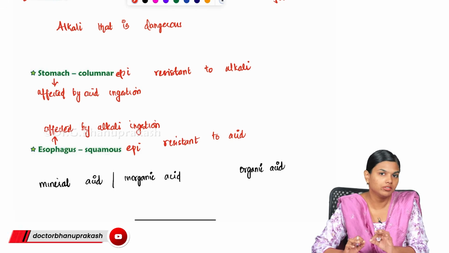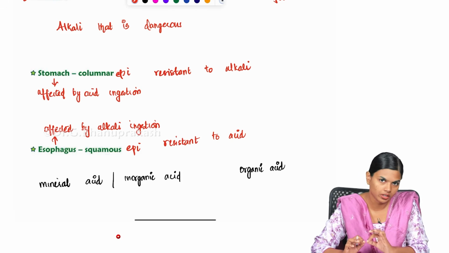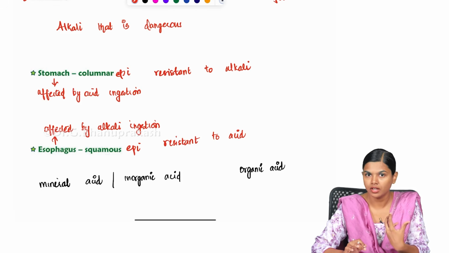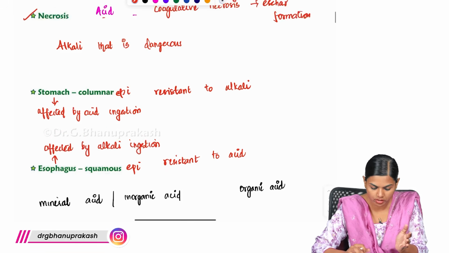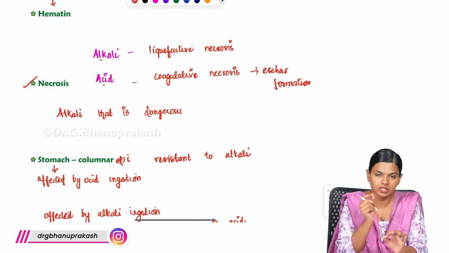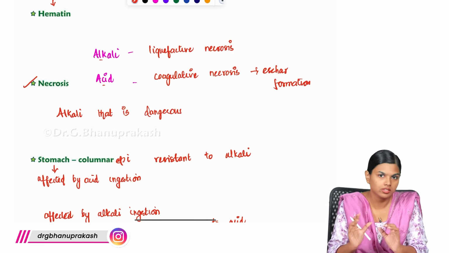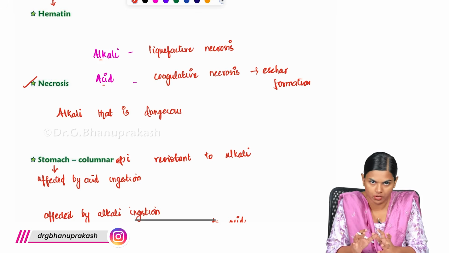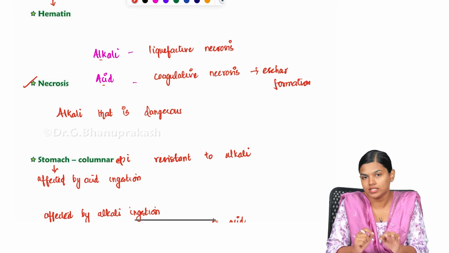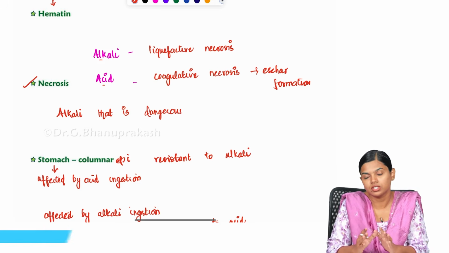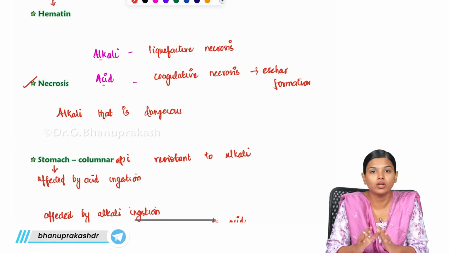These two will lead to necrosis of the tissue by their corrosive action. And what is the type of necrosis? For acid, just remember C, coagulative necrosis, and it will lead to Eschar formation. Alkali has the L, so it will cause liquefactive necrosis, which is wider and more dangerous. There will be extensive damage because of alkali ingestion.